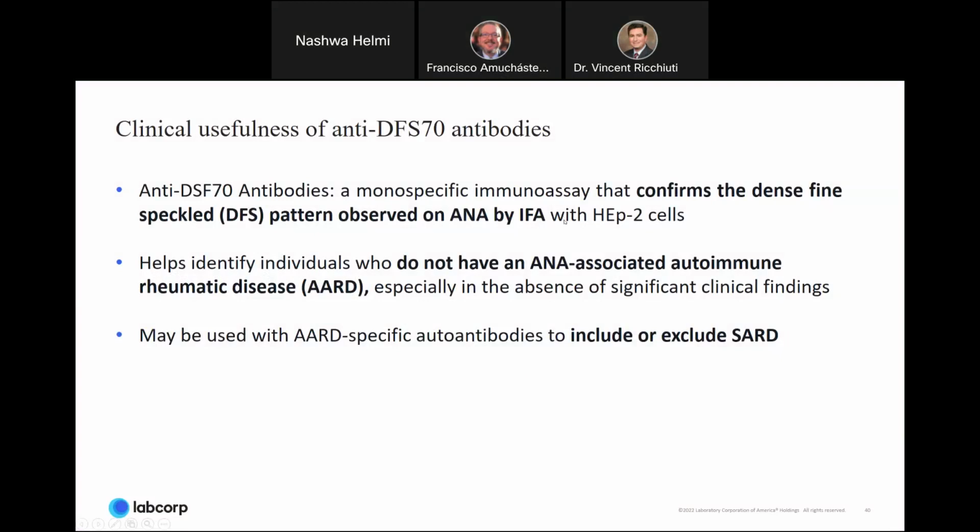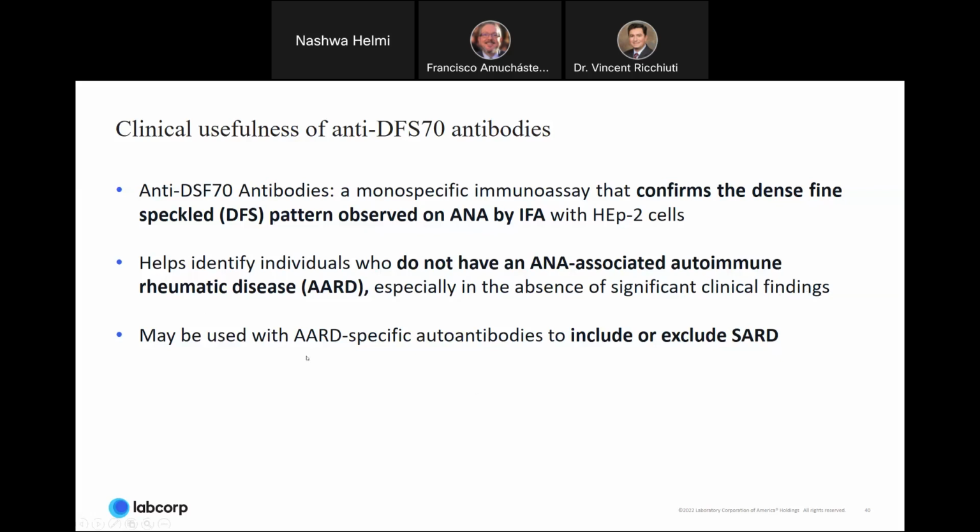So let's summarize the key messages. Anti-DFS70 antibodies, a monospecific immunoassay that confirms the dense fine speckle pattern observed on ANA by IFA with HEp-2 cells, is very useful, and it helps identify individuals who do not have an ANA-associated autoimmune rheumatic disease, especially in the absence of significant clinical findings like we saw with that patient.